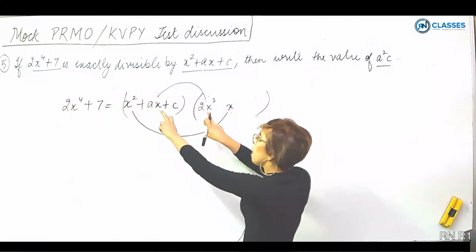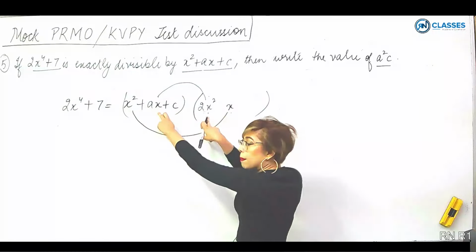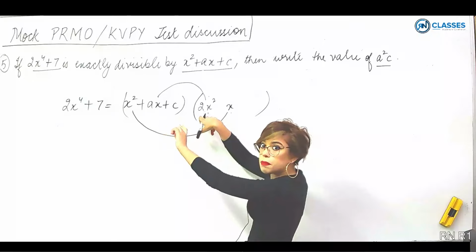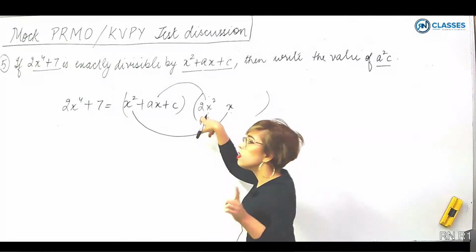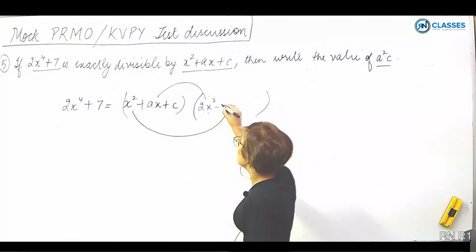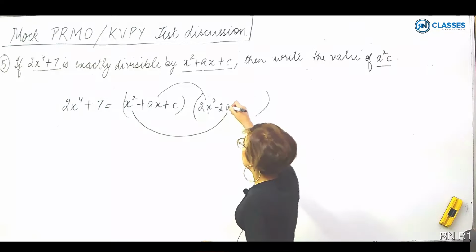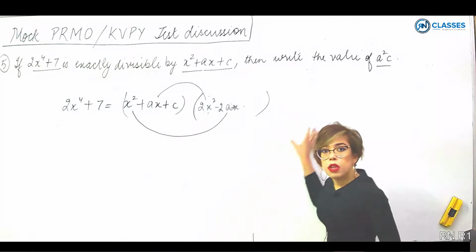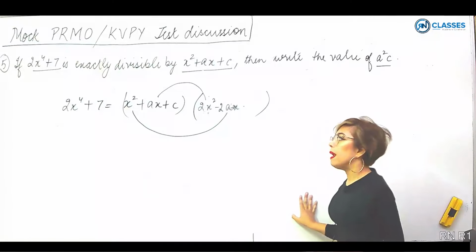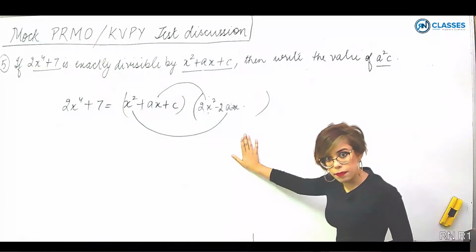From here I am getting 2ax cube, but I have to make x cube disappear. That means I need minus 2ax cube, so the coefficient here should be minus 2a. You can do the long division method also, but I think we are old enough to write this directly.